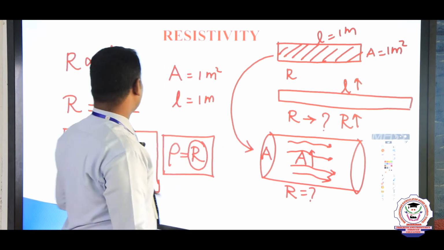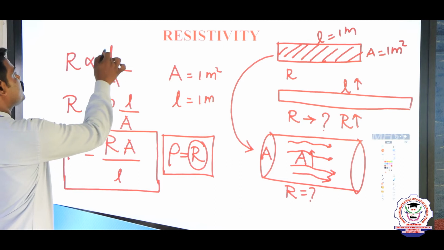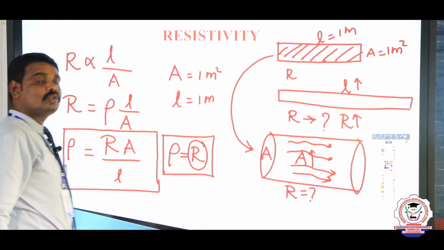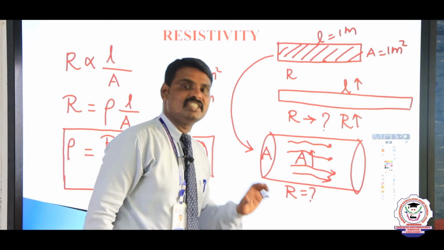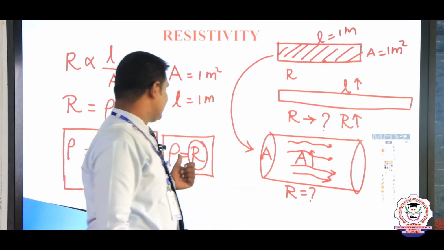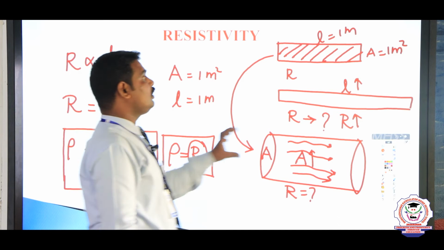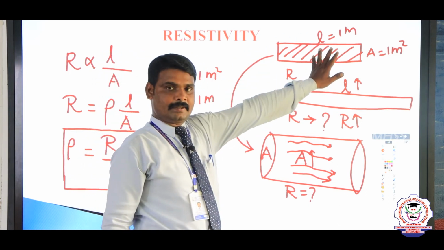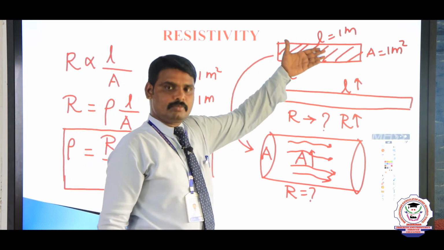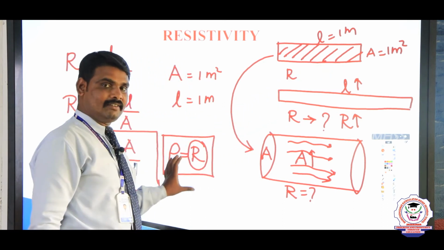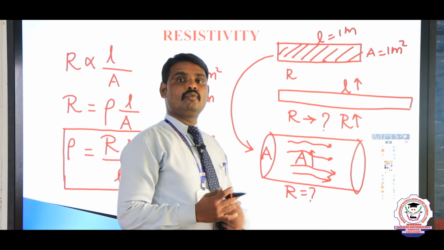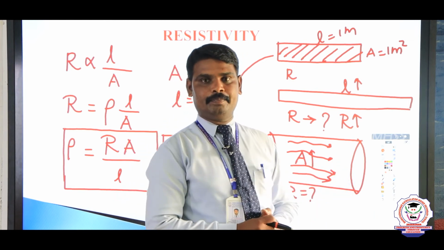Because R is directly proportional to L and inversely proportional to the area of cross section. But the resistivity does not change; it remains constant for that metal. But this resistivity varies for different materials.